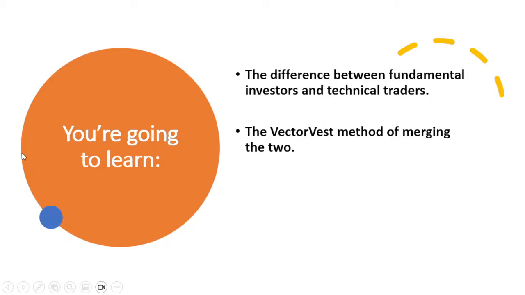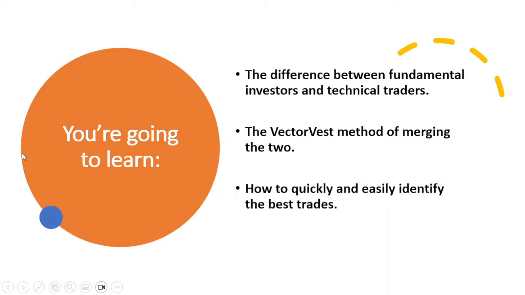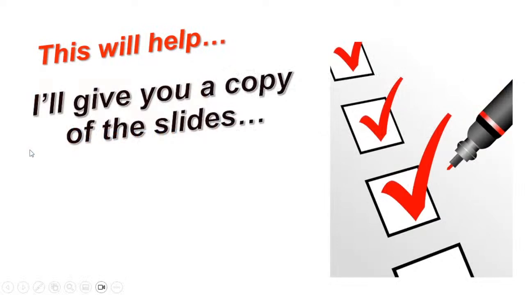If you're an investor, you're probably thinking, why would I need technical analysis? You'll see how we merge the two in a moment. And then finally, how to quickly and easily identify the best trades. That's always the key. If you understand a system, you have to go out and find candidates. There are a lot of different ways to do it, and I'll show you that later.